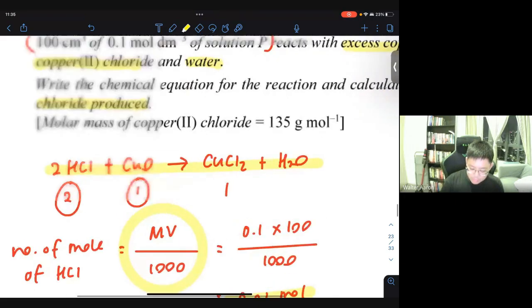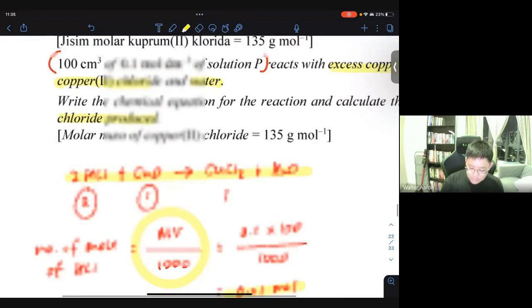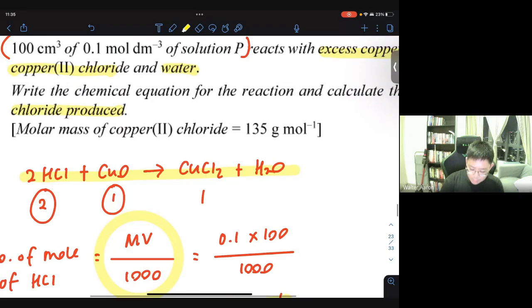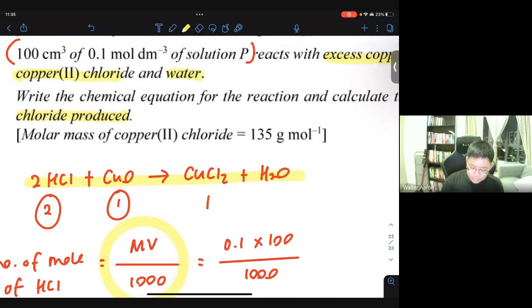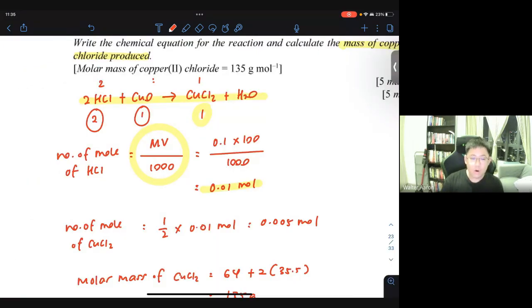So in terms of copper oxide and copper chloride, you can see here, for every 2 moles of acid, you get 1 mole of salt. So it's a 2:1 ratio. You calculated earlier that we have 0.01 mole of HCl, correct?